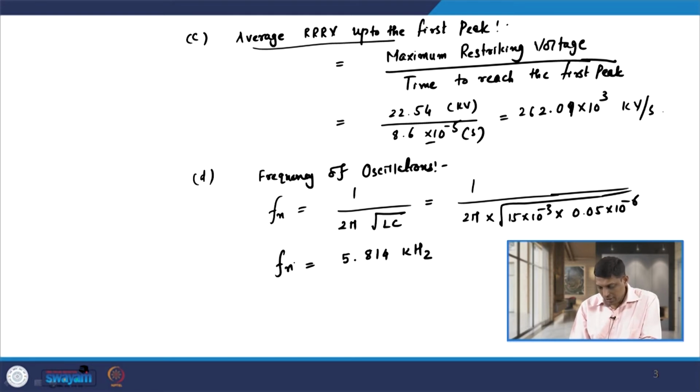So, this is the frequency of oscillations.